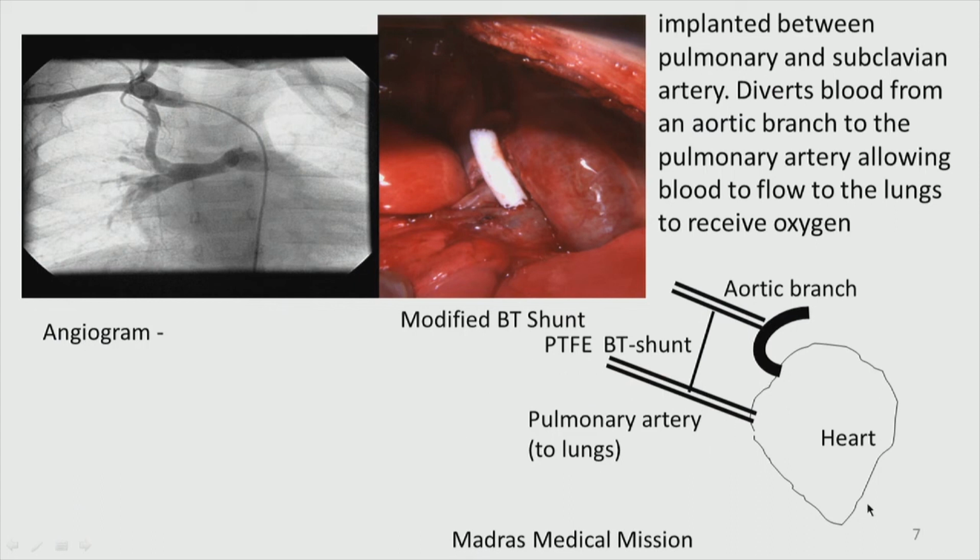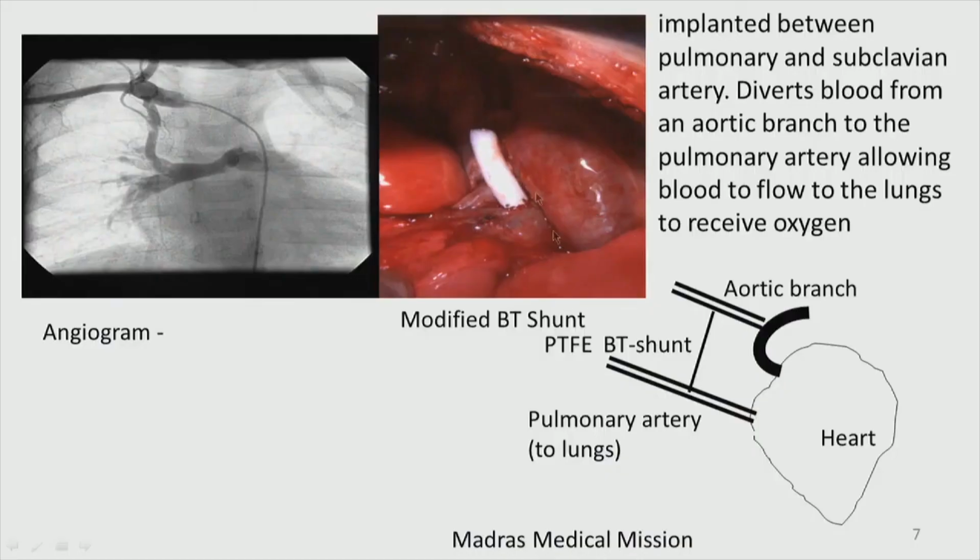So, when the operation cannot be conducted because the baby may be too small, operation means I am talking about open heart surgery, then they temporarily put this. Temporarily, when I say temporarily, it may last for a few years until the baby is older, stronger, for it to undergo an open heart surgery.